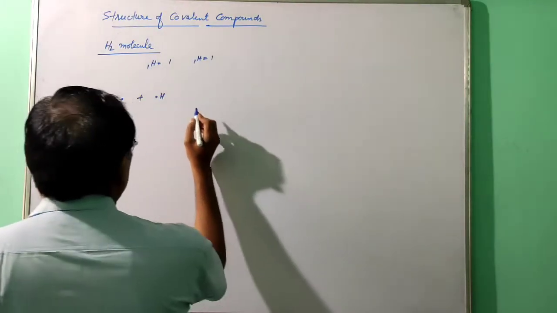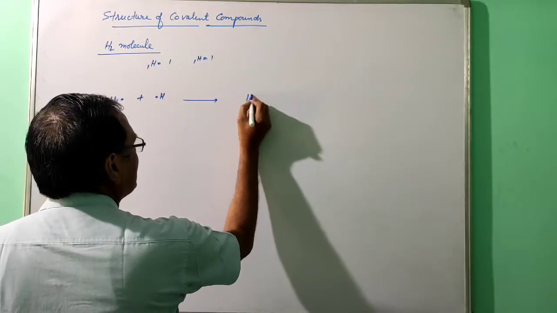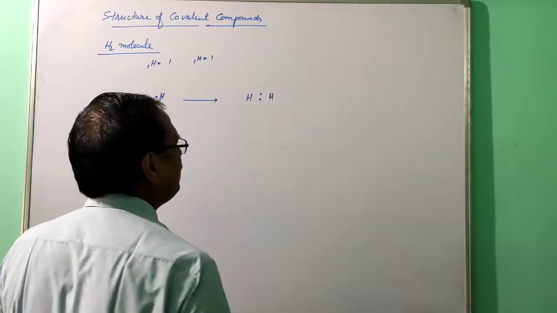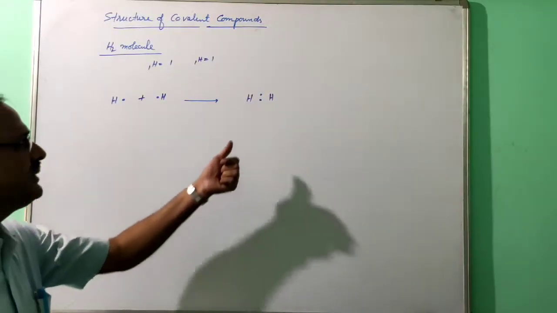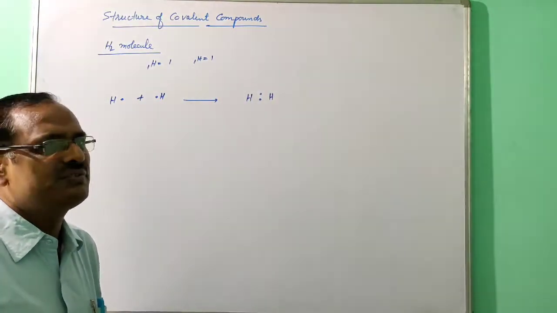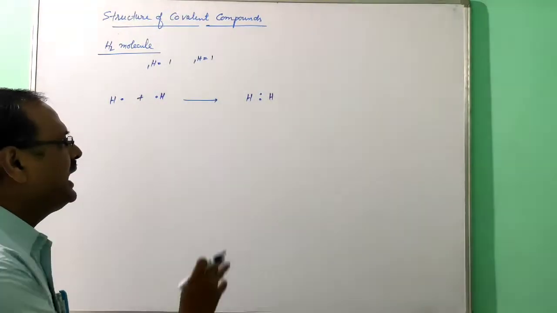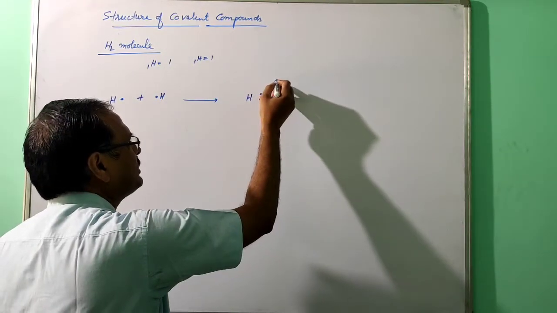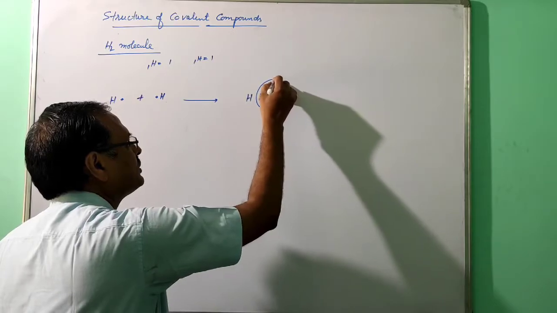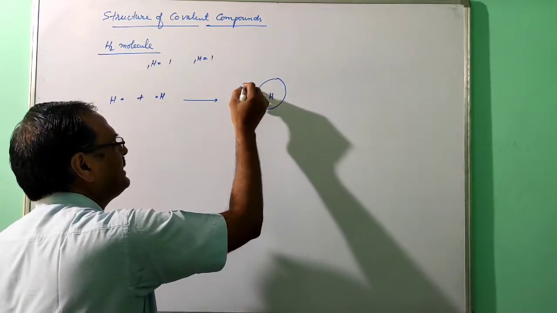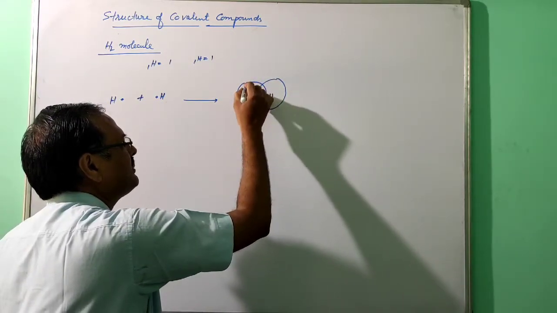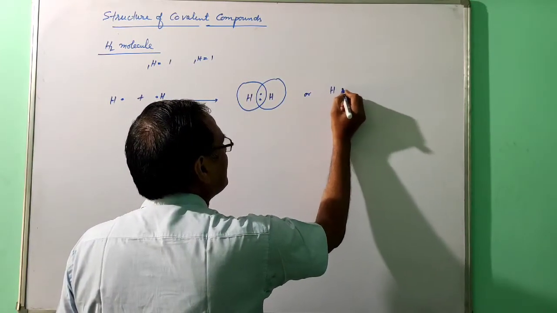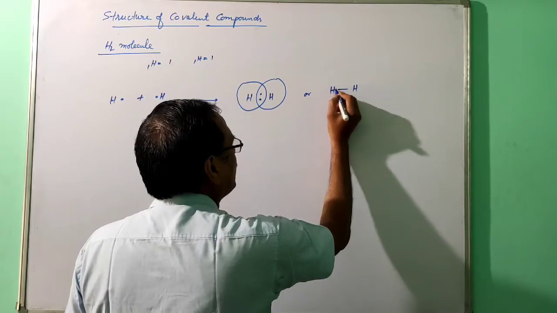These two hydrogen atoms will come closer and share 1 pair of electrons. Since 1 pair of electrons is shared, this forms a single covalent bond. Either you can leave it up to here, as in your book, otherwise you can draw the Venn diagram. So this hydrogen atom is completing the duplet and this hydrogen atom is also completing the duplet. This can be represented by a single covalent bond.